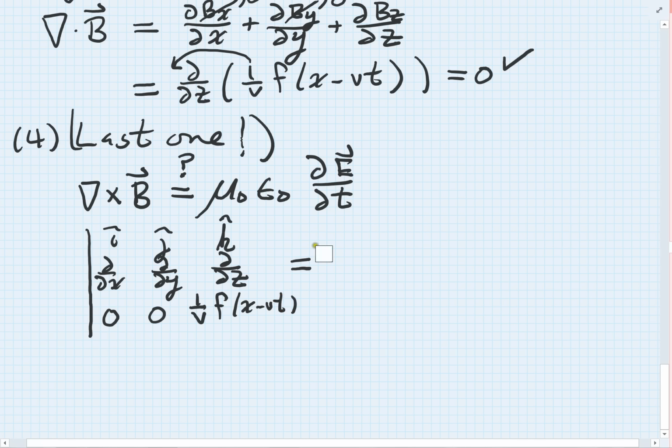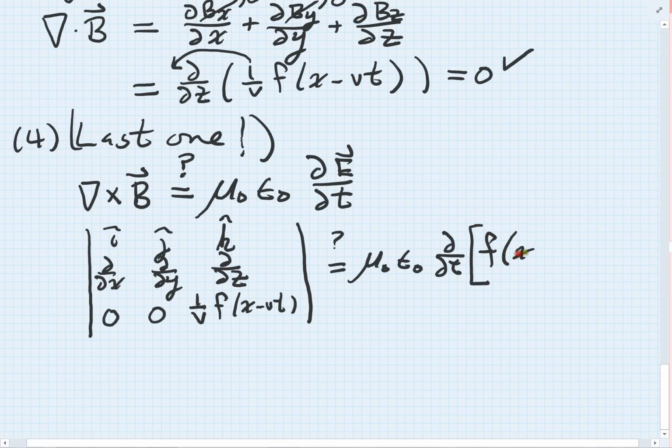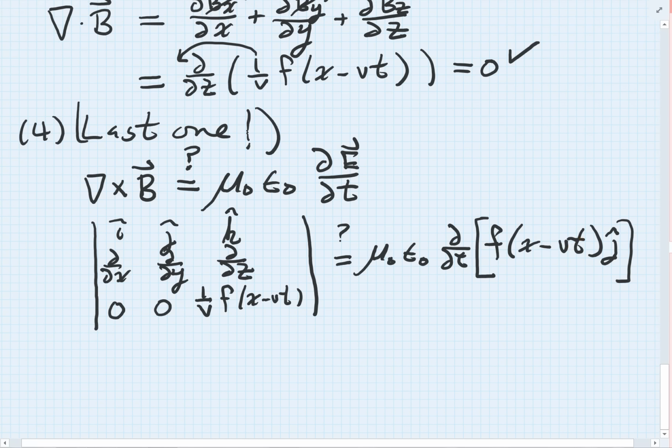And we have to evaluate that curl, and that we're hoping will equal mu naught epsilon naught times the time derivative of the electric field. And I'll remind ourselves of what the electric field is. The electric field, recall, is my shape of the electric field that's moving, f of x minus vt. And as we said, we defined the y direction to be the direction of that electric field vector. So this here then is the electric field.